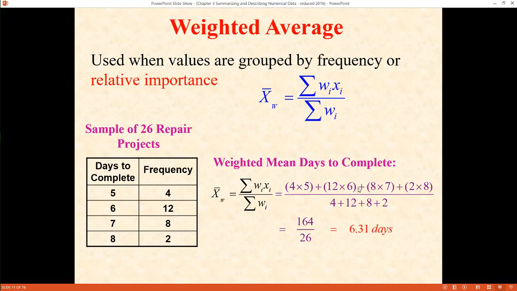And so that's what I'm doing. I'm just taking the cross products here, days to complete times frequency. So the weight is the days to complete, that's our weight on the frequencies. So our weighted mean of days to complete is 6.31 days. Okay, so that's a weighted average.